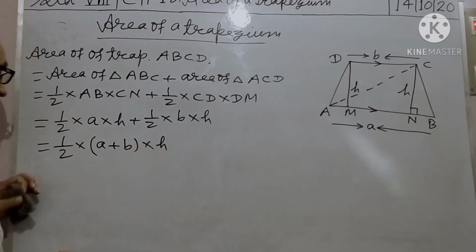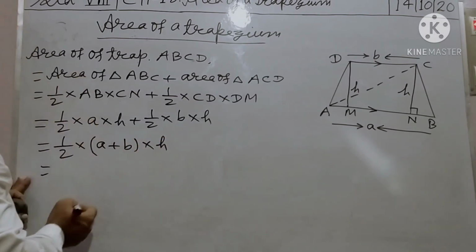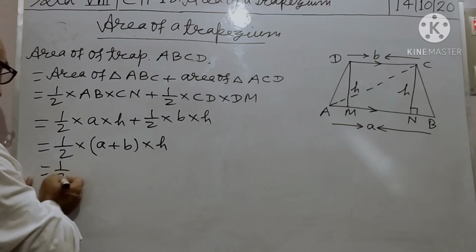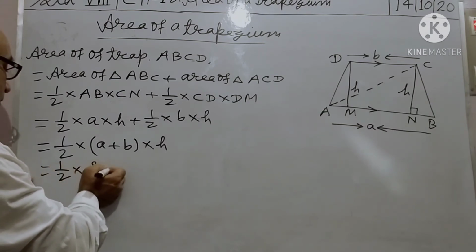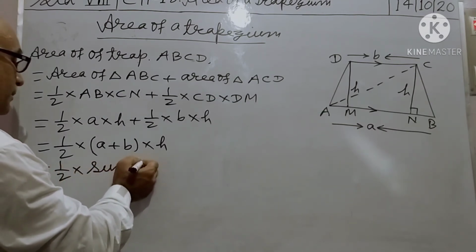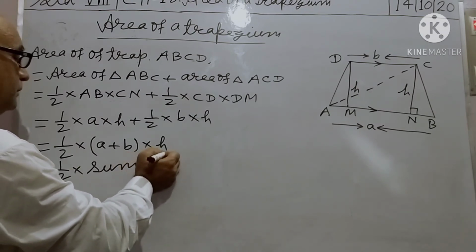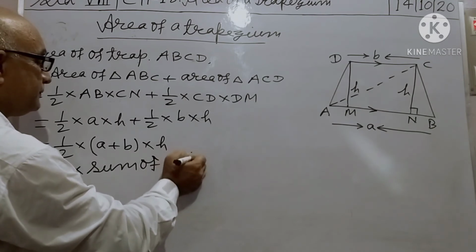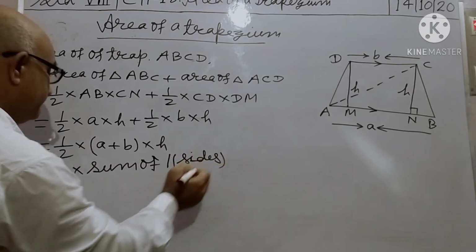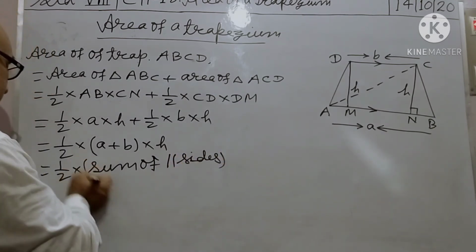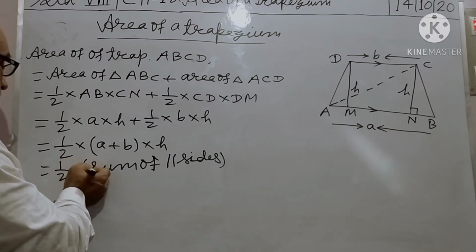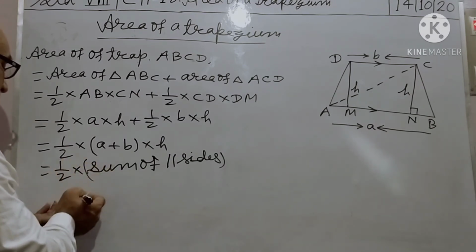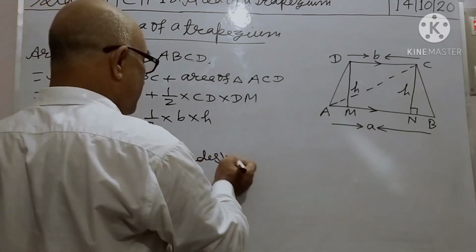That means area of trapezium equals 1 by 2 into sum of parallel sides into height.